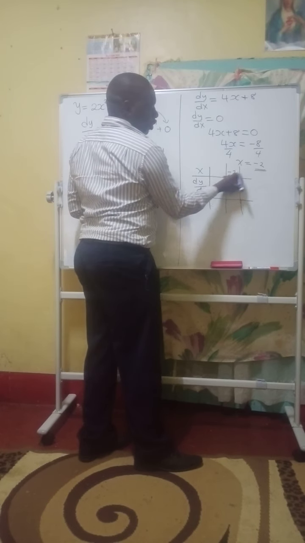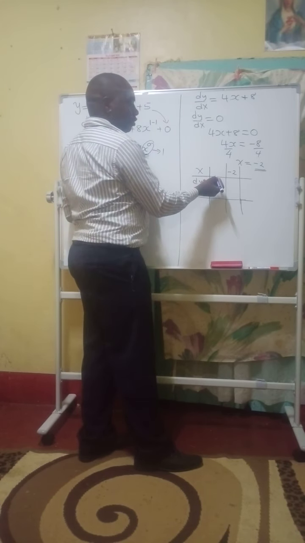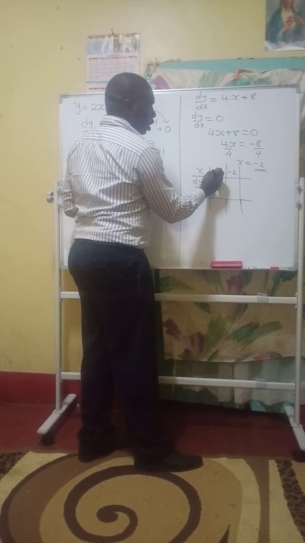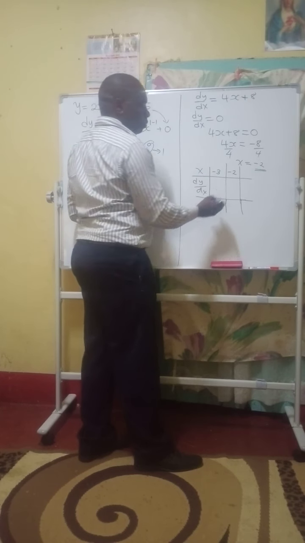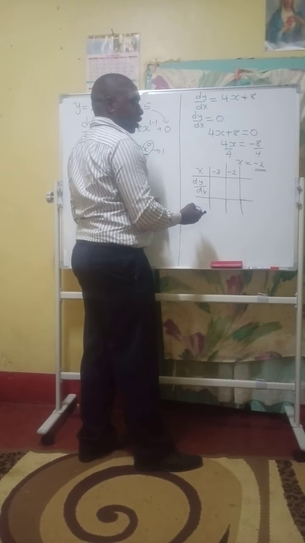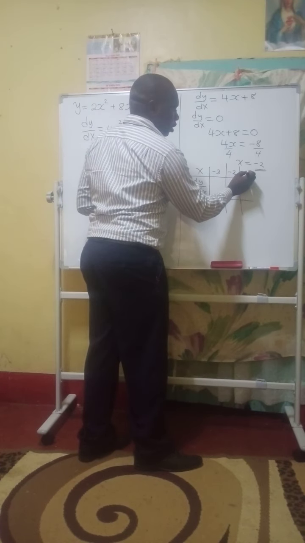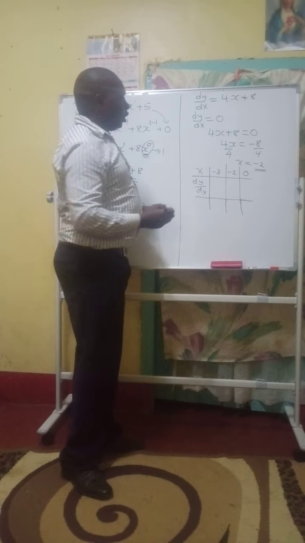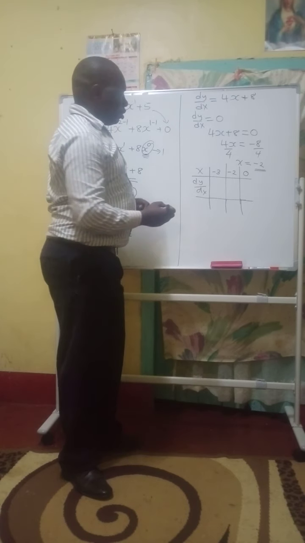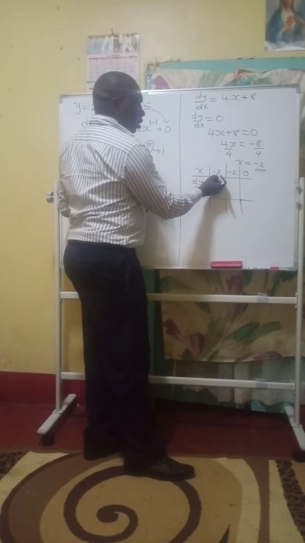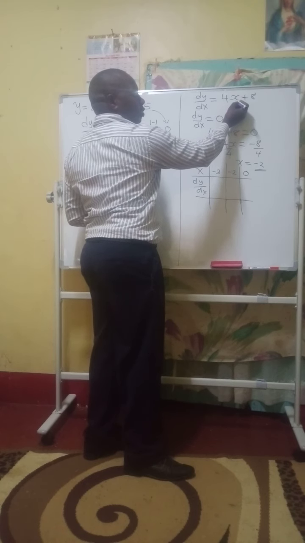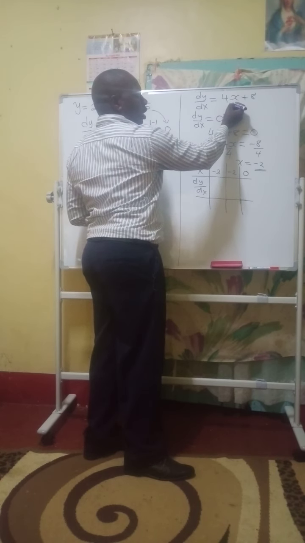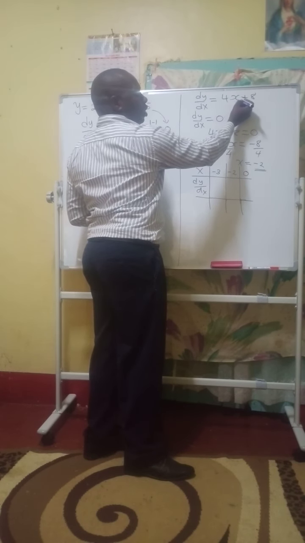Then you pick a point on the left of negative 2, say negative 3, and another point to the right of negative 2, say 0. Now, you replace these values in your gradient function so that when x is negative 3 and you replace it here with negative 3, then this becomes negative 12 plus 8.